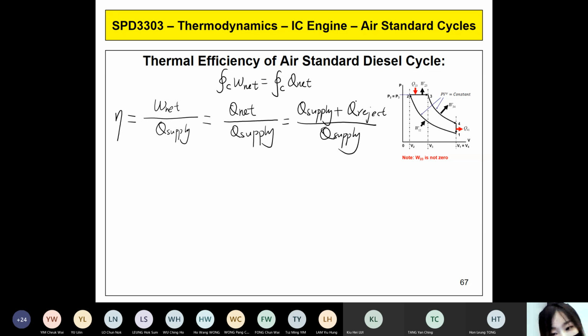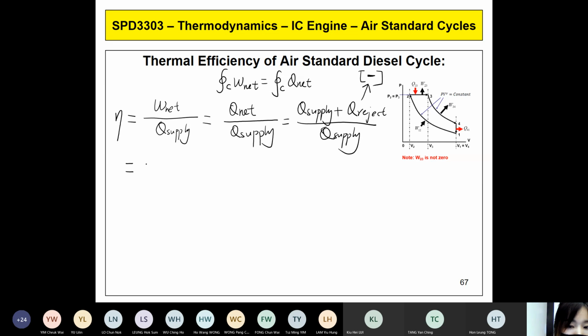Here you should pay attention. This Q reject, this reject heat, is a negative value. It is a negative value because the direction of the heat is rejected from your system. So it's a negative value.